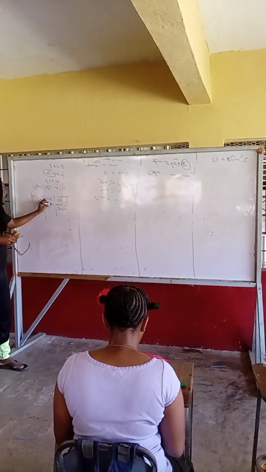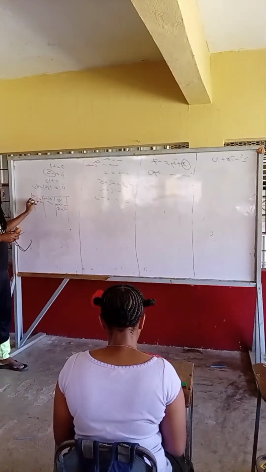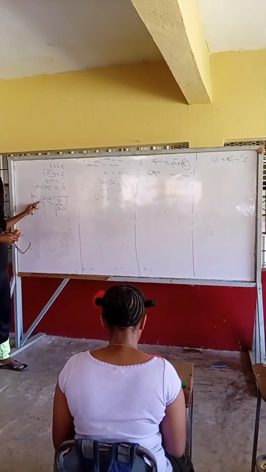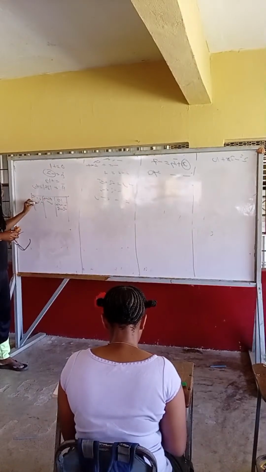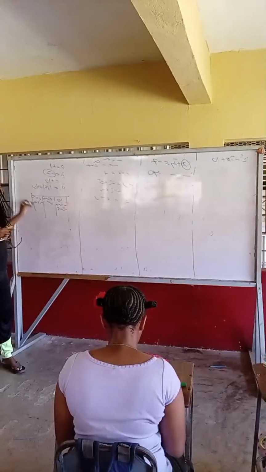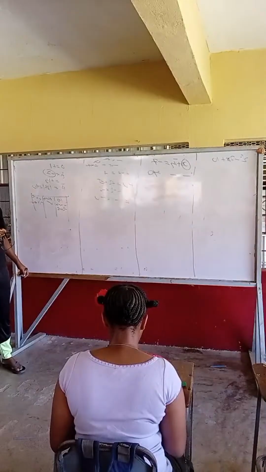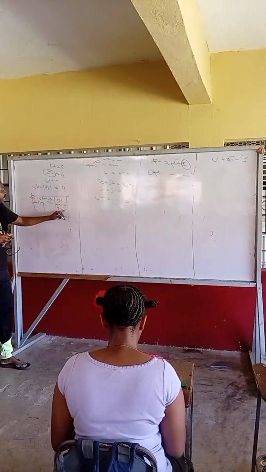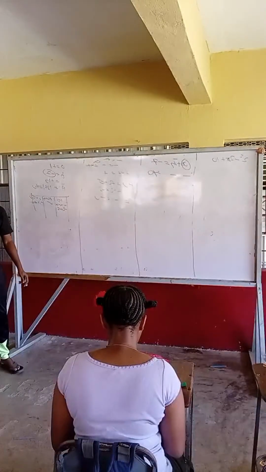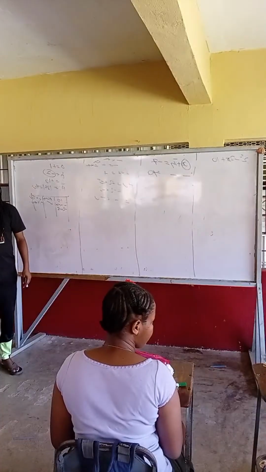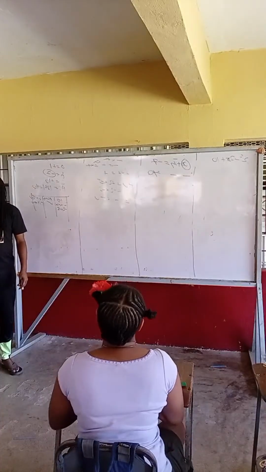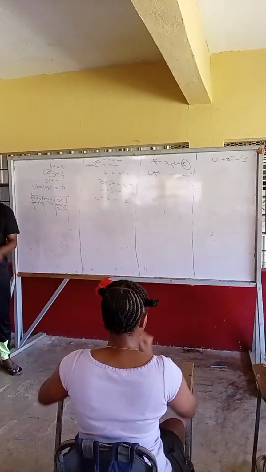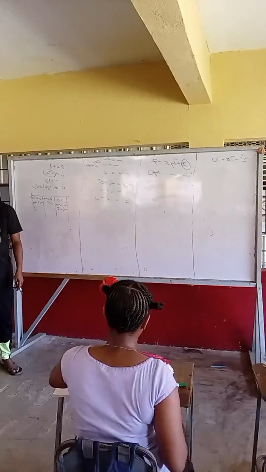Yes, sir. Negative 1 plus negative 10, what is that? Negative 11. Is it negative 7? No, so that's not the answer. Negative 2 plus negative 5, what is that? Negative 7. Keep your mind, it's a plus. Negative 7.